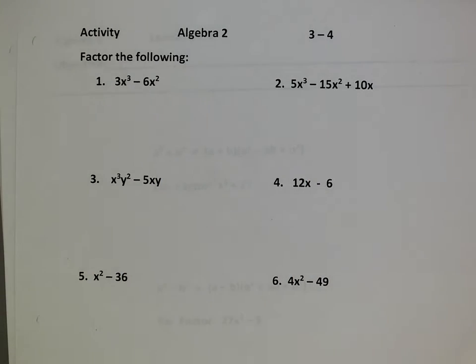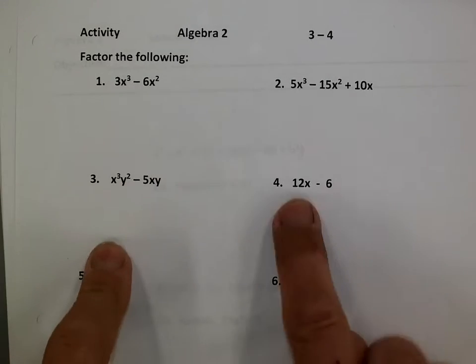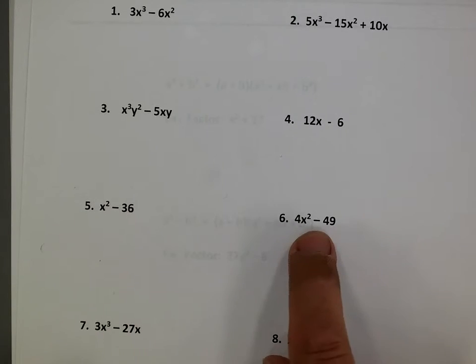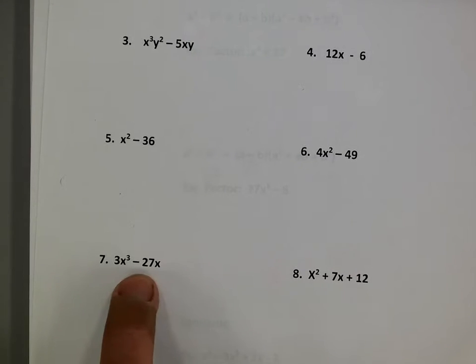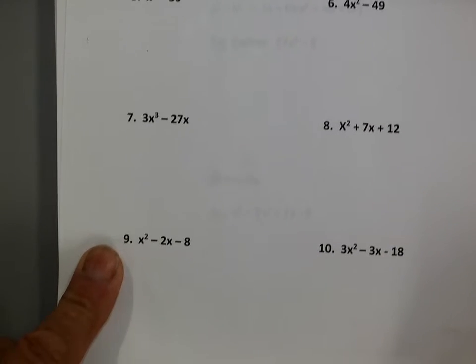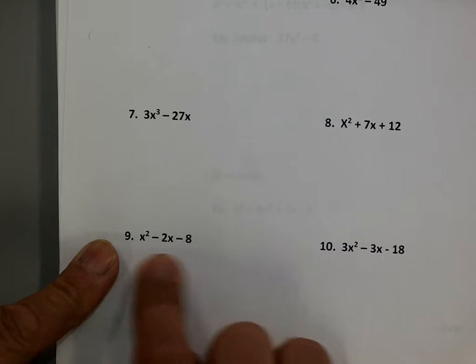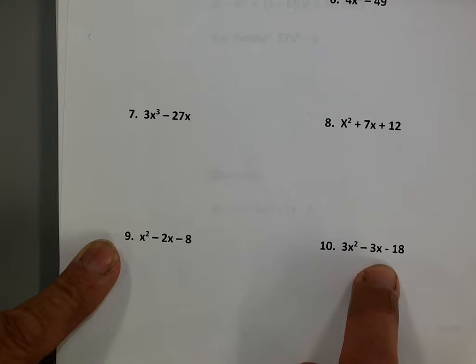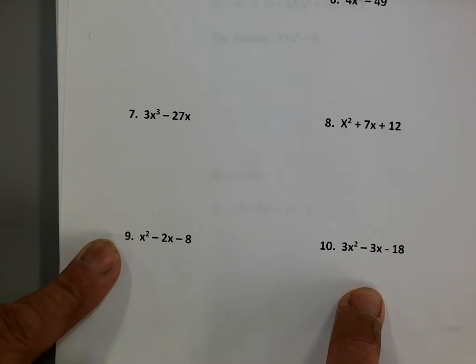This is all just common factoring: x plus 6, x minus 6, 2x plus 7, 2x minus 7, common factor out of 3x, and then we'll factor again, x plus 4, x plus 3, hopefully this is all just a review, x minus 4, x plus 2. Take out a 3 first, you'll have x squared minus x minus 6, and then that factors again into x minus 3 and x plus 2.